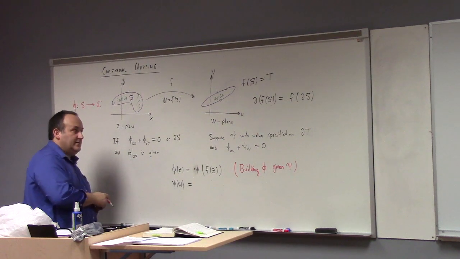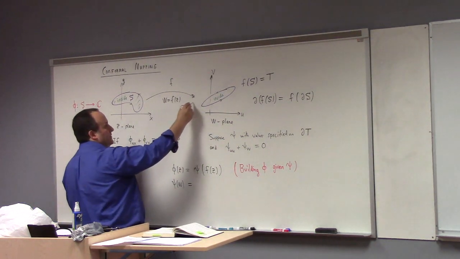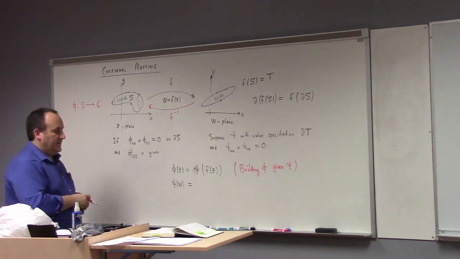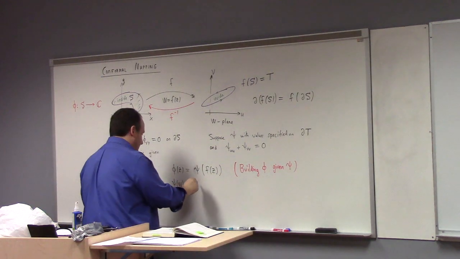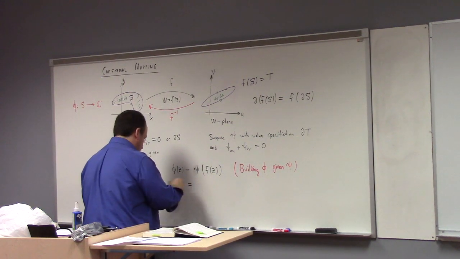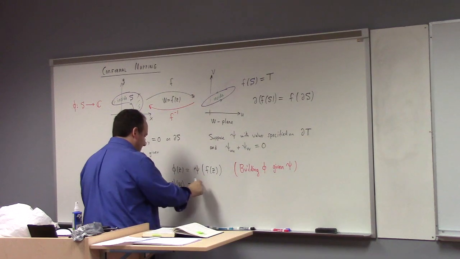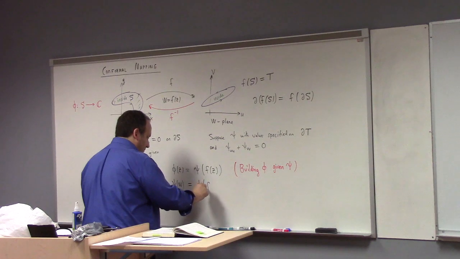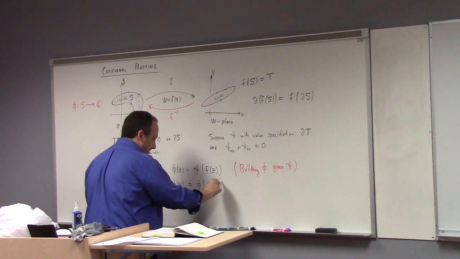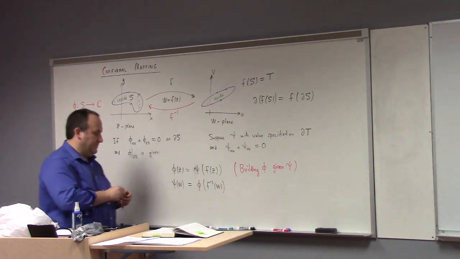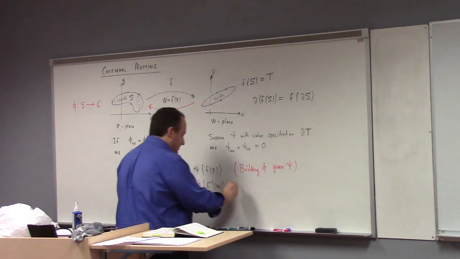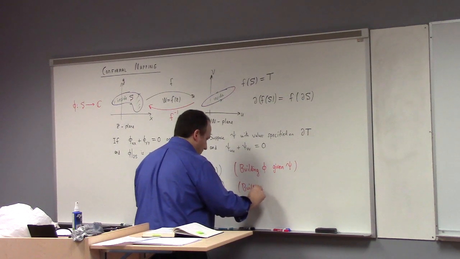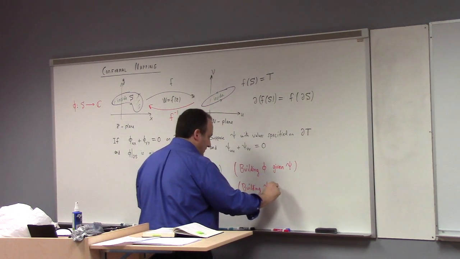On the flip side, if I knew the inverse map, right, f inverse, then I could also say, well, psi of W I could build from phi of what? F inverse of W. So here I'm building psi given phi.